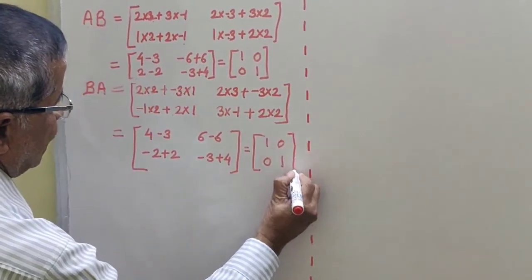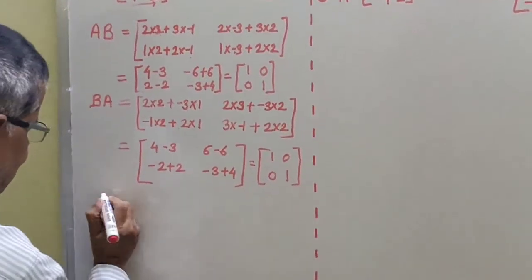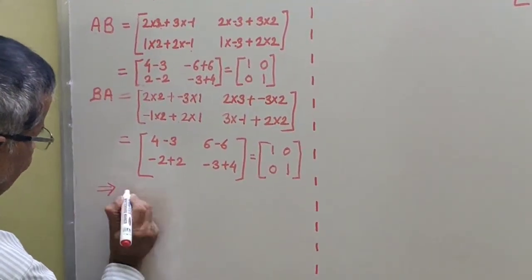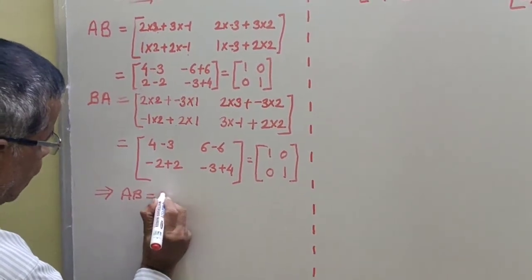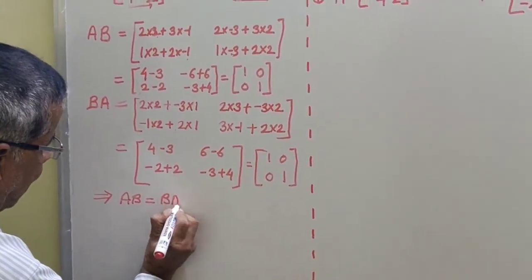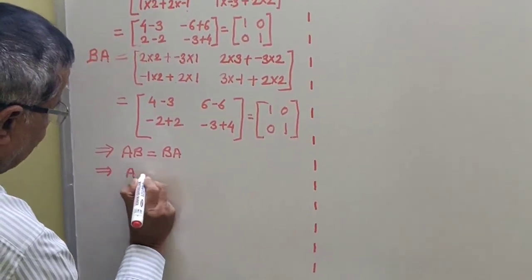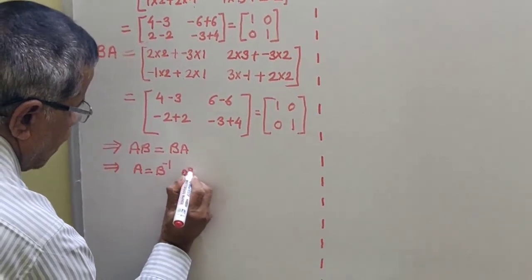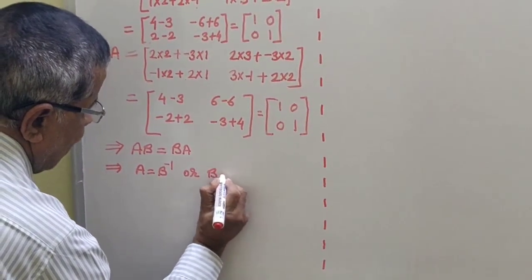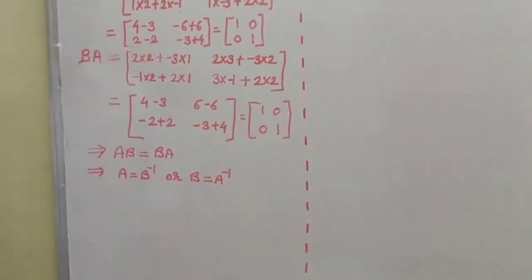This implies that B into A is also the identity matrix. This implies A into B is equal to B into A, implying A is equal to B inverse or B is equal to A inverse. Okay? You understand this one?